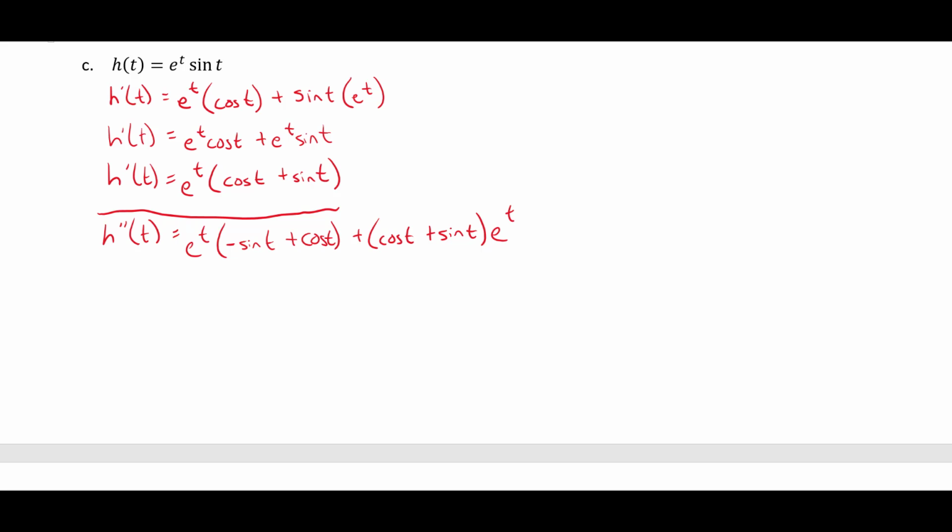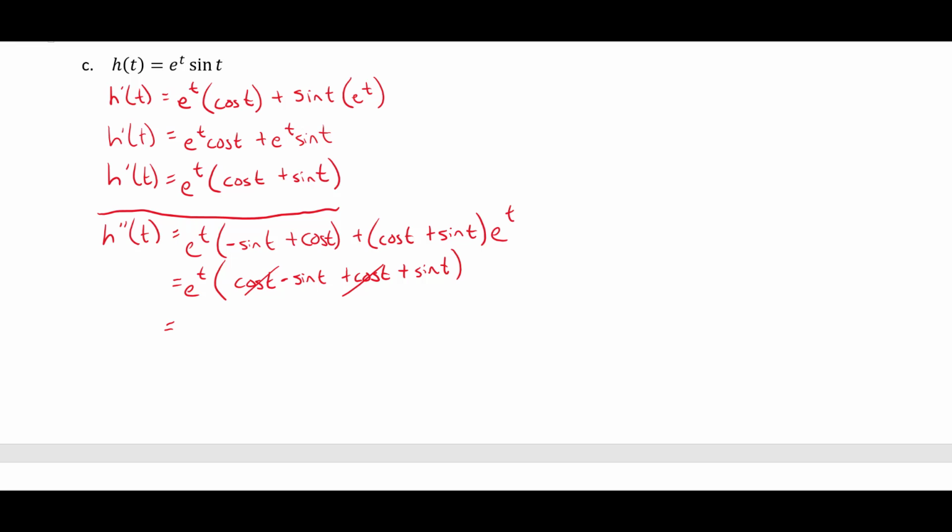Let's clean this up a little bit. So to clean this up, I'm going to rewrite this. You could multiply through the e to the t's. You could also factor the e to the t out. Well, let's do it that way. Let's see what happens. If I factor the e to the t out, then that leaves me with cosine t minus sine t plus cosine t plus sine t.